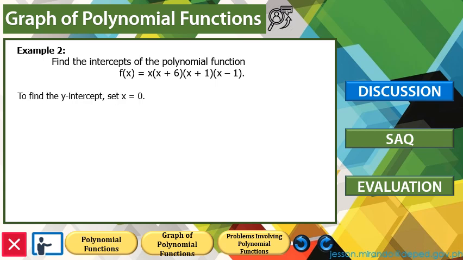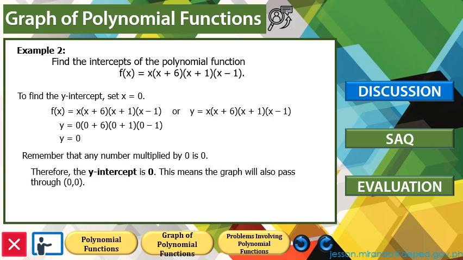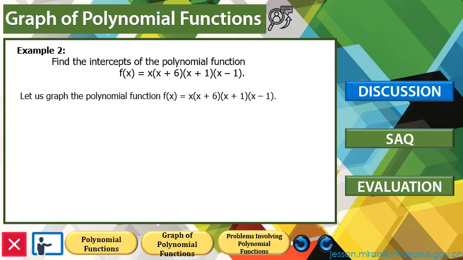To find the y-intercept, set x to 0. Remember that any number multiplied by 0 is 0. Therefore, the y-intercept is 0. This means the graph will also pass through (0, 0). Let us graph the polynomial function.